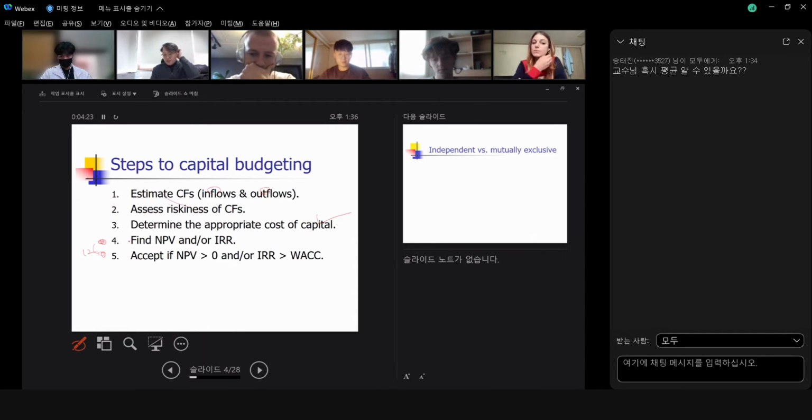Today we will cover several various ways to estimate the capital budgeting, whether or not we accept. So the various methodologies such as NPV, IRR, payback period, something like that.